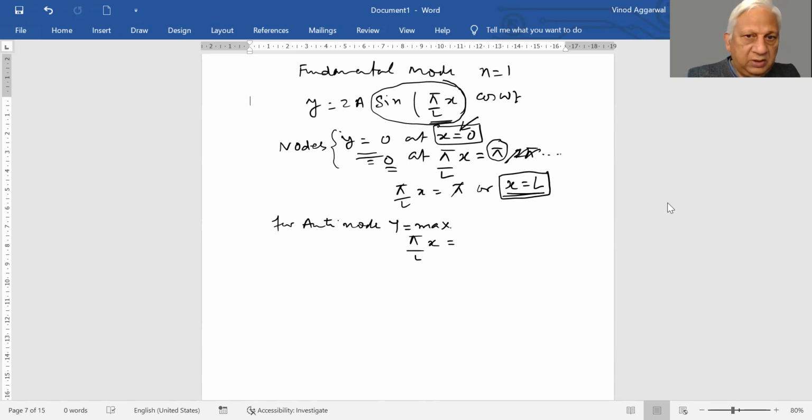Sine of this is 1 means this angle should be equal to pi by 2, which implies x is L by 2.